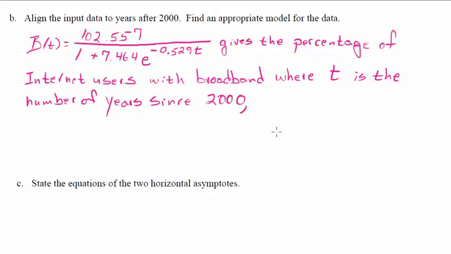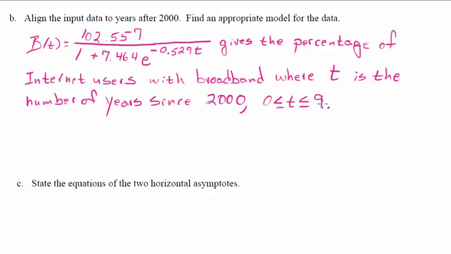And lastly, I need a domain. We had input information from 0 to 9, or from 2000 to 2009.